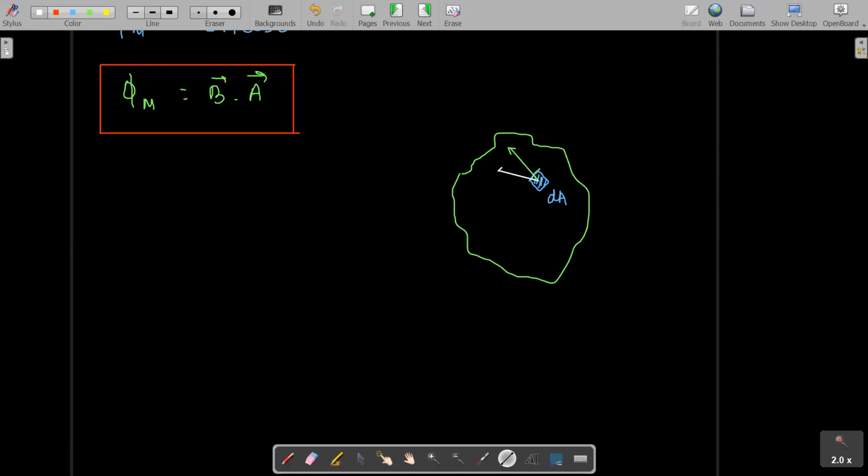And this is the direction of the magnetic field for this point.